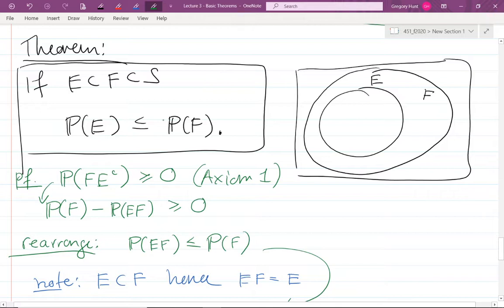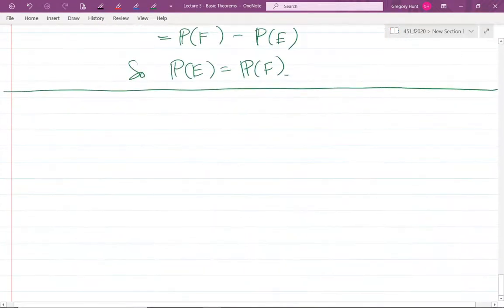So there's two major theorems we want to prove here at the end. And the first one is basically a generalization of our previous theorem.